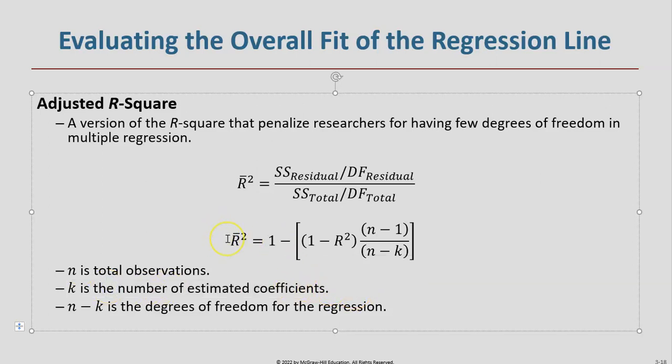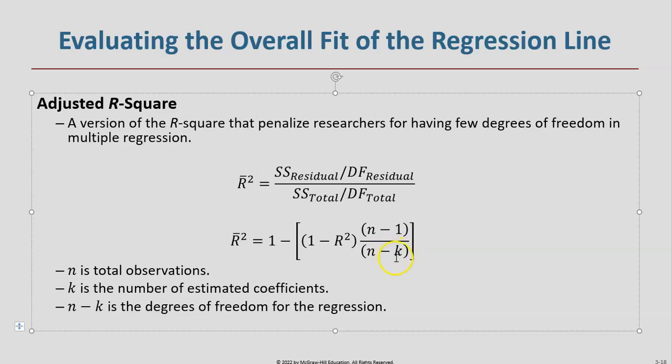So the adjusted R-squared, or sometimes called the R-bar squared because it has this notation, R with a line across it, squared, is equal to 1 minus the R-squared multiplied by this ratio: the sample size minus 1, and then the sample size minus the number of regressors or independent variables.